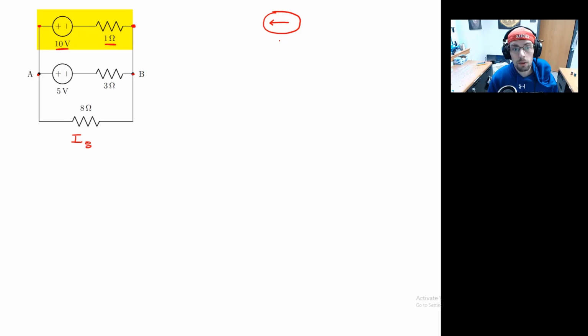So here I would just have 10 amps. 10 divided by 1 is still 10. The second issue is that rather than the resistor being in series with the supply, it now has to be in parallel. So I will go ahead and draw my 10 amp current supply in parallel with my 1 ohm resistor. There's the first part.